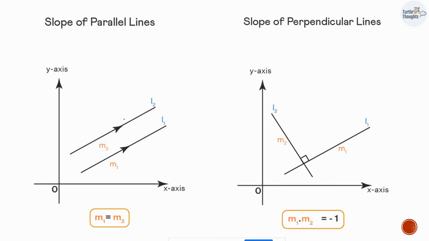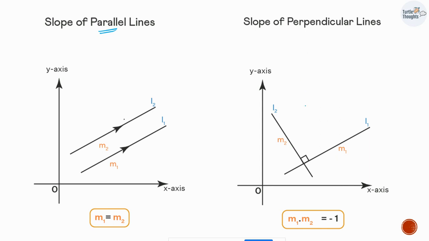Moving on, let us discuss the slopes of two parallel lines and two perpendicular lines. So I have considered two lines L1 and L2 having the slopes m1 and m2 respectively. If L1 and L2 are parallel to each other, the slopes m1 and m2 will be equal, meaning the slope of both the lines will be equal.